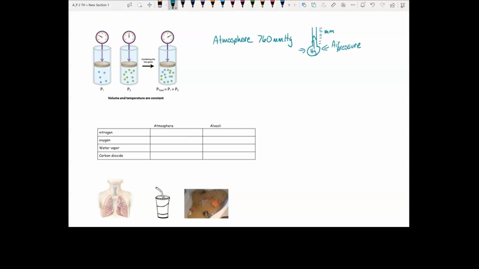It actually varies. If you go up on top of a mountain, the number is lower. It also varies with the weather. So like on bright sunny days versus rainy days, you have differences in air pressure. But we're just going to use the average of 760. Okay. Then if we talk about partial pressure, air is a mixture of gases.